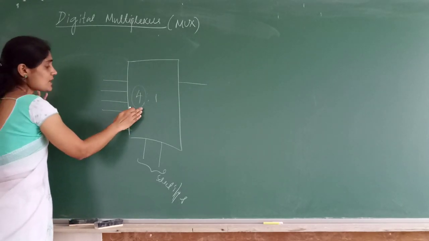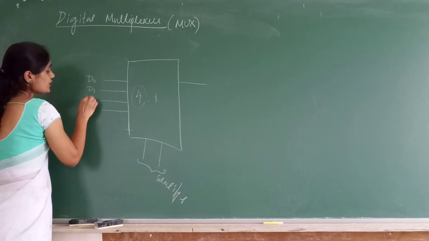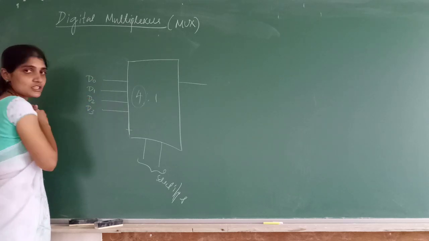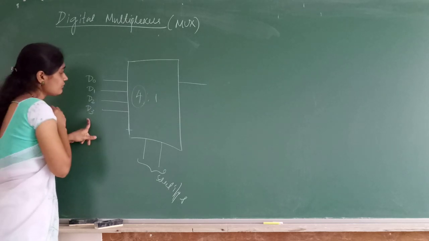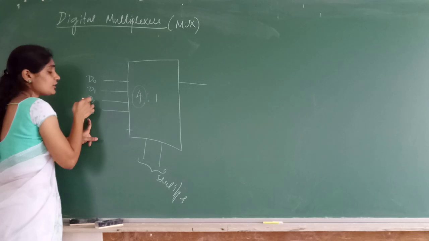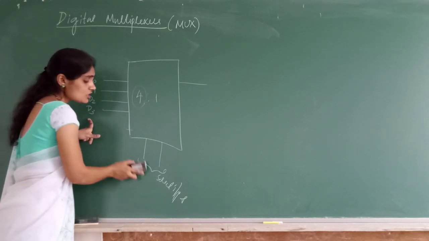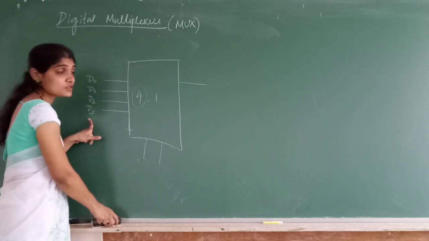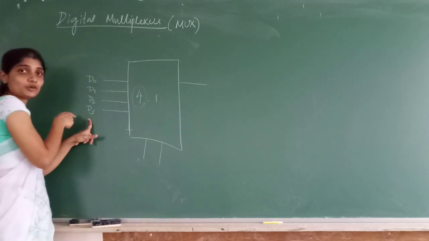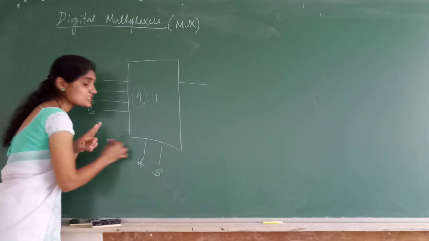For example, if I have 4 inputs, let me take D0, D1, D2, D3. What is the output I get? The output will be equal to D0 or D1 or D2 or D3, based on the select inputs. How many select inputs are required to select 1 out of 4 inputs? 2 are enough. Let me take the select inputs as AB.